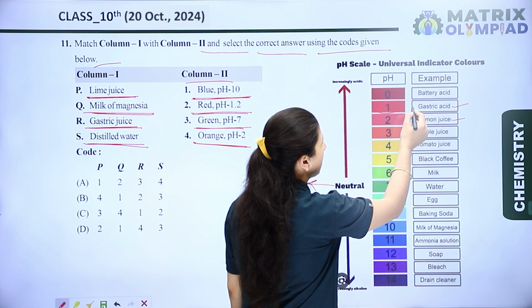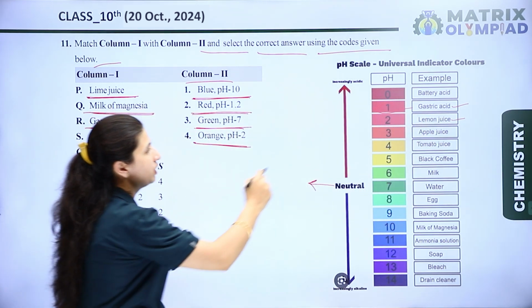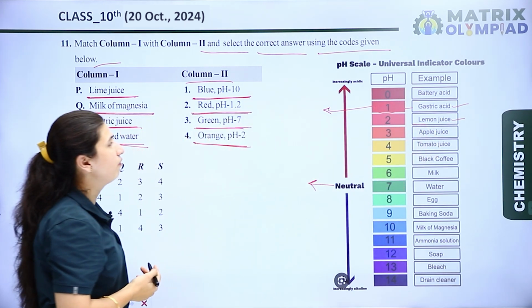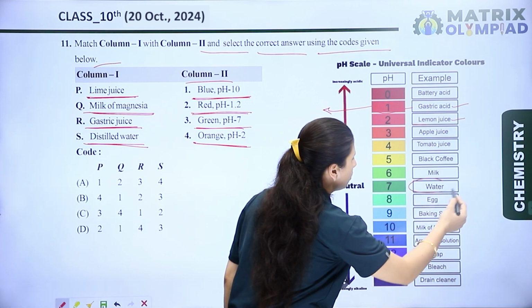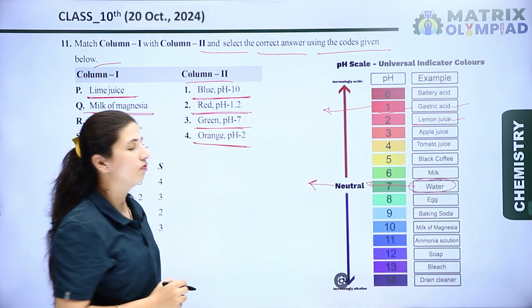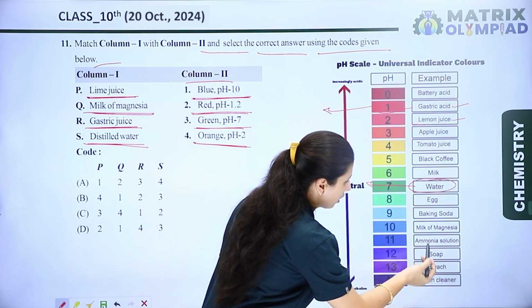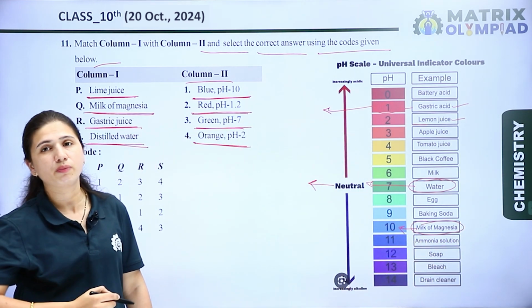Gastric juice is around 1 or 1.2 pH with red color, and lemon juice has a pH around 2 with orange color. Distilled water has pH 7 with green color, and milk of magnesia is a basic substance with blue color.